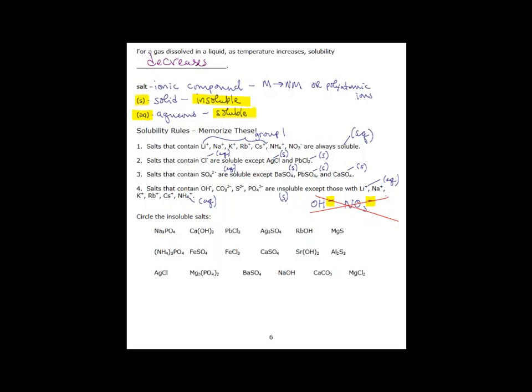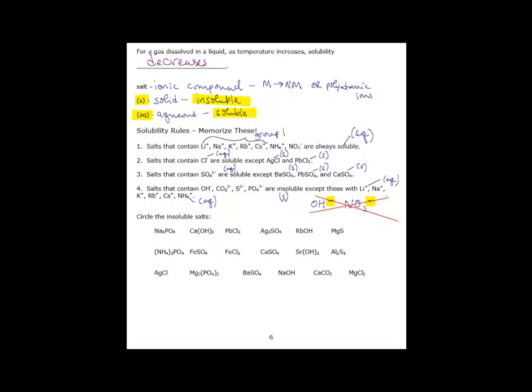Okay, so these solubility rules are going to be the center of predicting reactions. And so it might seem like a stretch right now because we just learned them. But part of what we need to do with these reactions is predict which salts, which ionic compounds, will be insoluble.